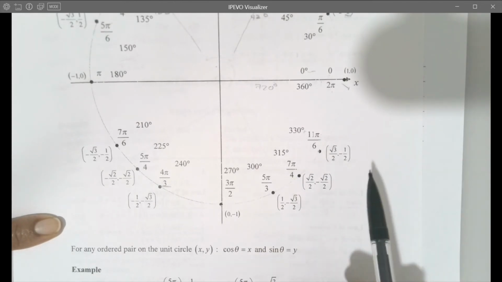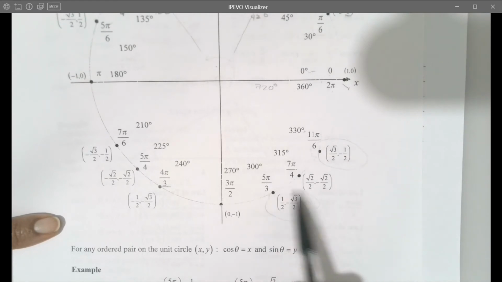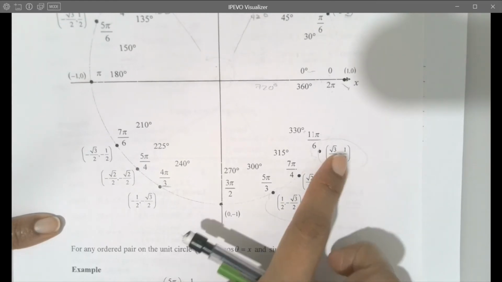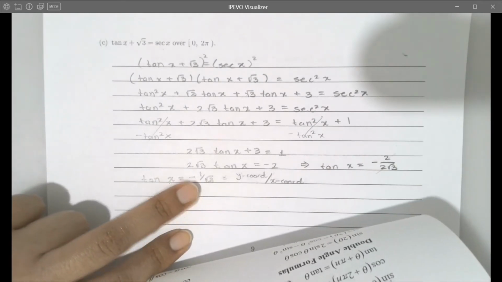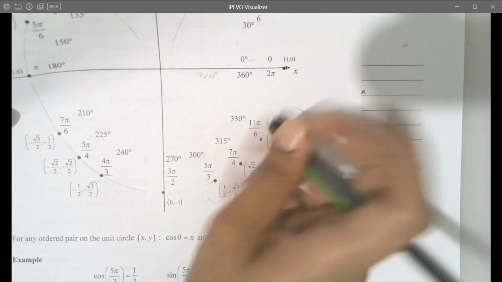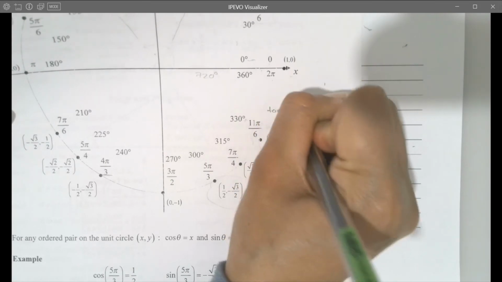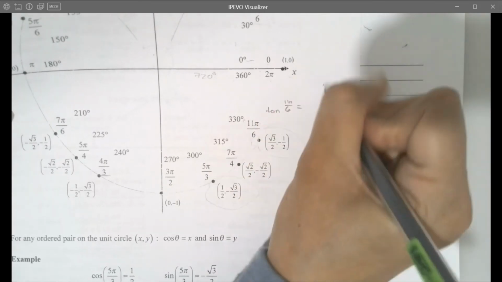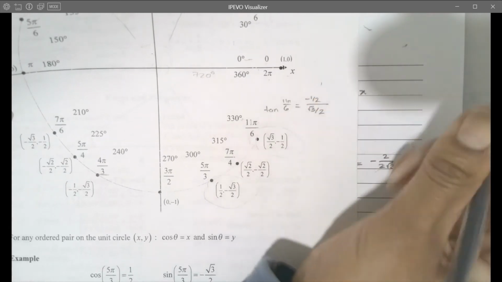So we're looking at either pi over 6 or 5 pi over 3 to see which one of these two will satisfy that the ratio of y to x will be negative 1 over radical 3. Okay, so let's work with this one first. If we take tangent of 11 pi over 6, we're going to get a negative 1/2 over a radical 3 over 2.